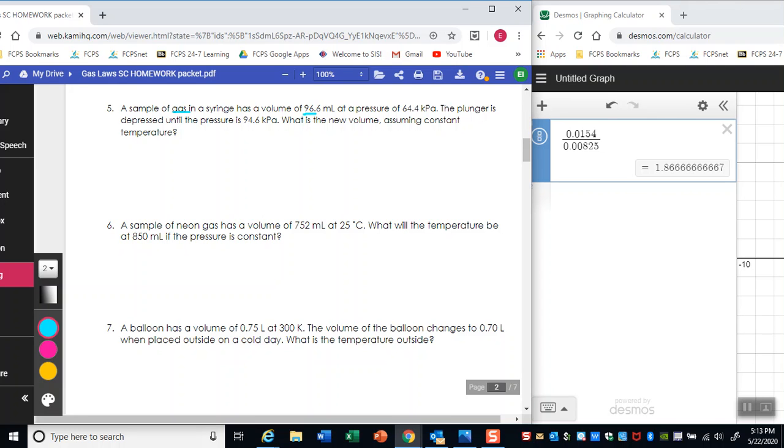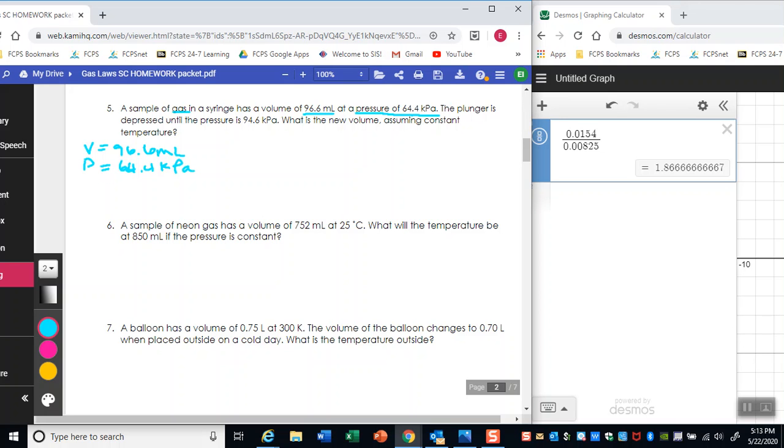We've got 96.6 milliliters. So that's volume. We've got a pressure of 64.4 kilopascals.